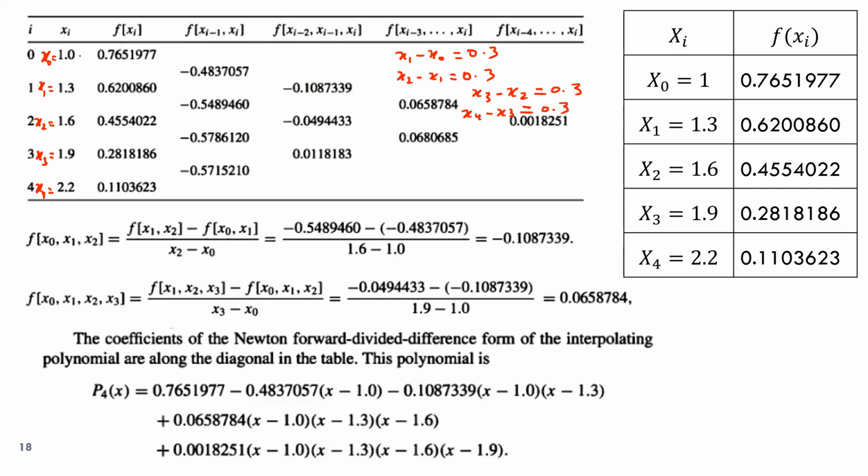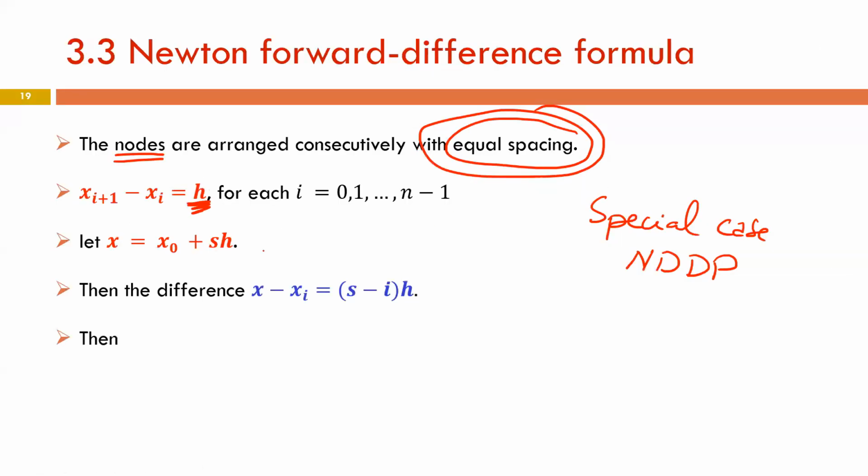So here these nodes are equally spaced. And the difference between two consecutive nodes, xk plus 1 minus xk, is h, and h in this example is 0.3. So this is the meaning of h, the distance between two successive points.